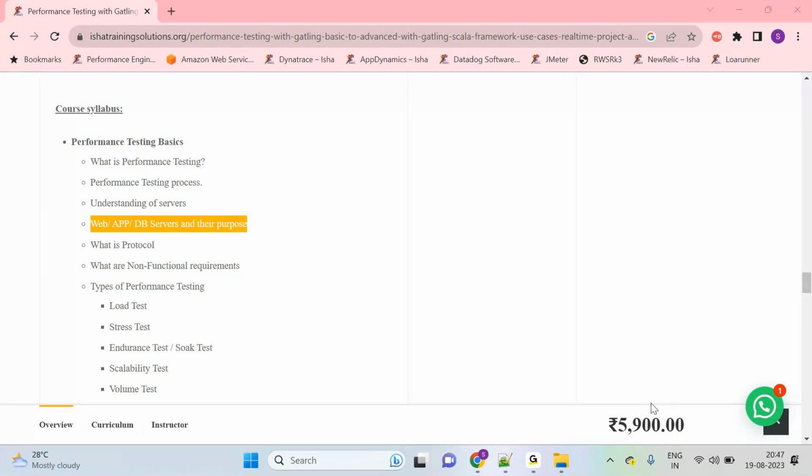People will see whether you only have knowledge on the performance testing tool side, or you have knowledge of the infrastructure architecture side also. That basic context setting we are going to do under server level understanding, because that concept is very important.